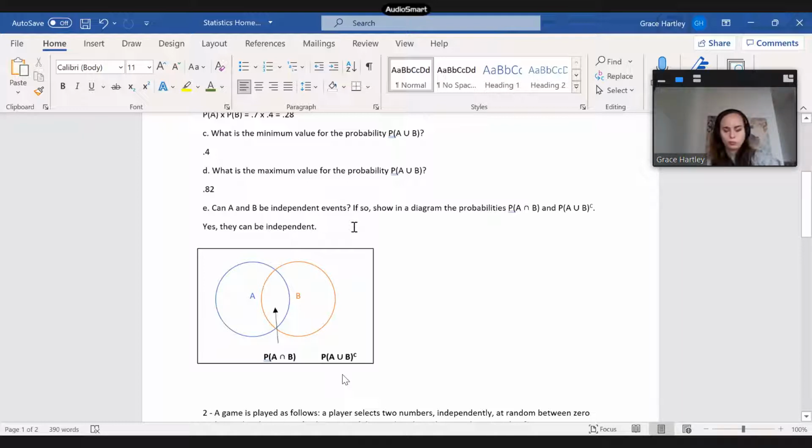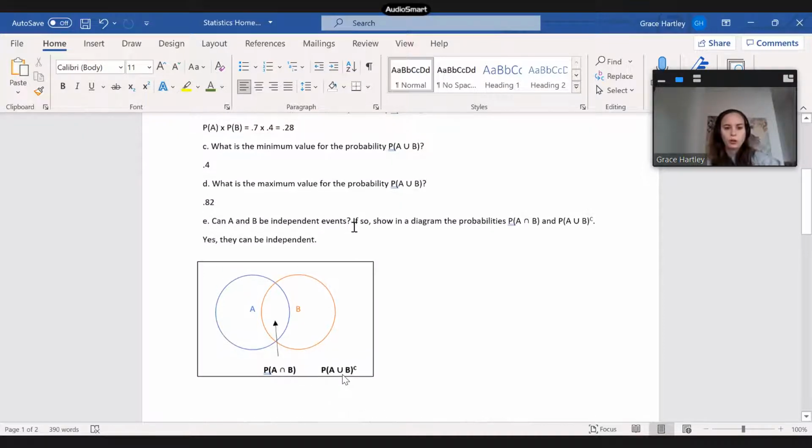For example, you will find what is the probability of A union B, right? And if you remember, it applies to all scenarios, not limited to independent events. The probability of A union B equals probability of A plus the probability of B minus the probability of A intersection B.